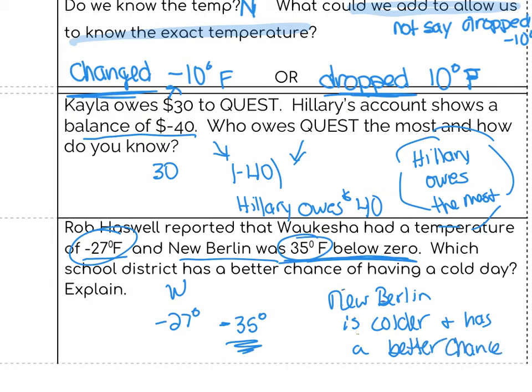And for that explanation, you can even write that inequality symbol like that. Negative 27 degrees is greater than negative 35 degrees. Okay, so here we wrote it as the absolute value, but you could also write it as integers.